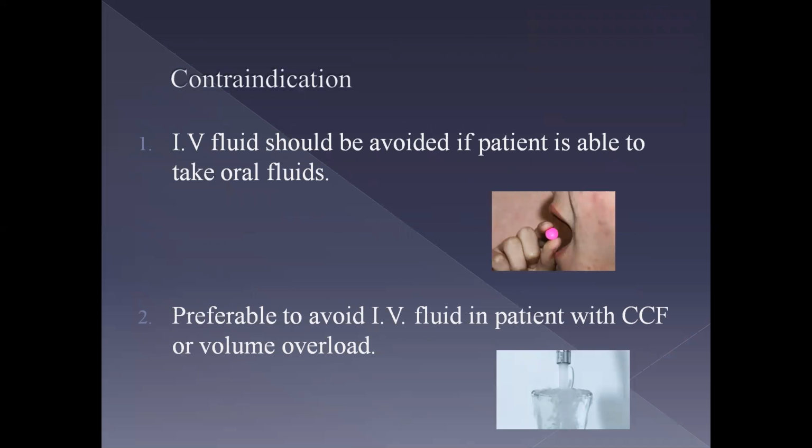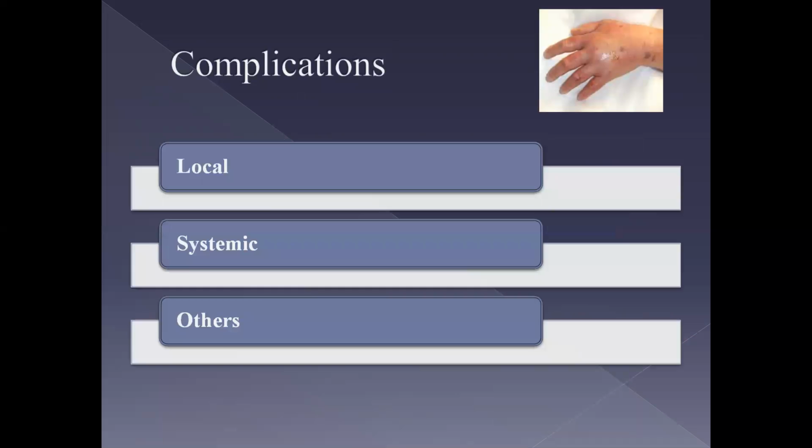In contraindications, IV fluid should be avoided if the patient is able to take oral fluids, and it is preferable to avoid IV fluid in patients with CCF, that is congestive cardiac failure, or volume overload. In complications, we will be dividing complications into three main headings.